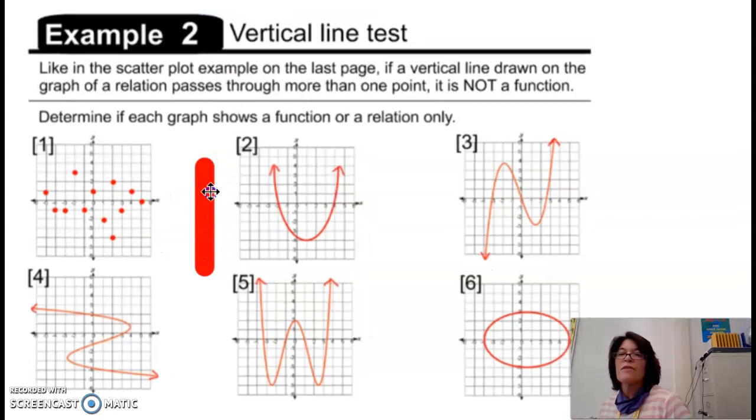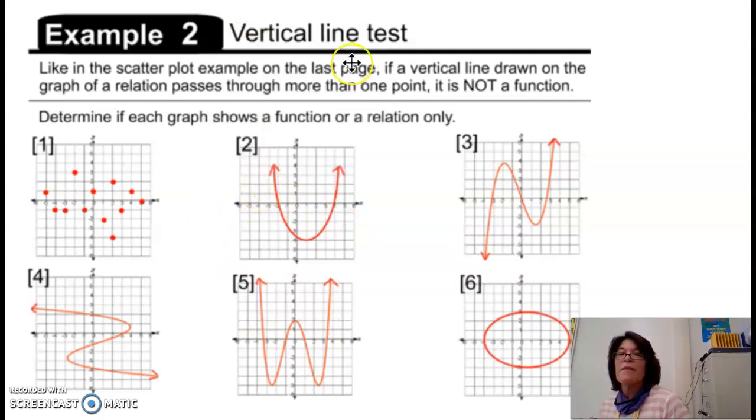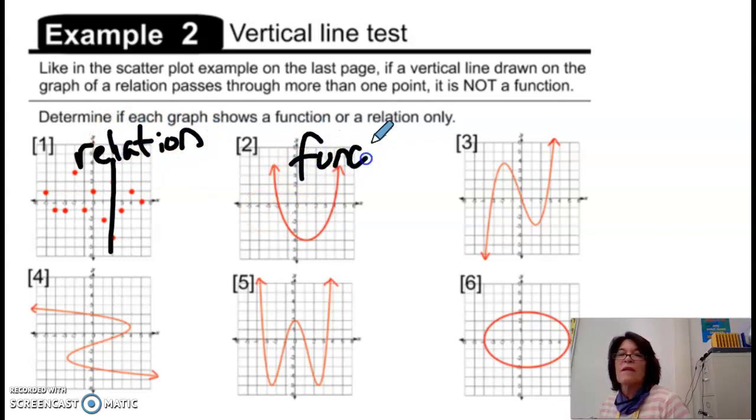Okay, so you should go ahead and mark down if you think it's a function or not. What do we say? Yeah, this one, I hit those two. Nope, just a relation. Relation only. Number 3 was a function.